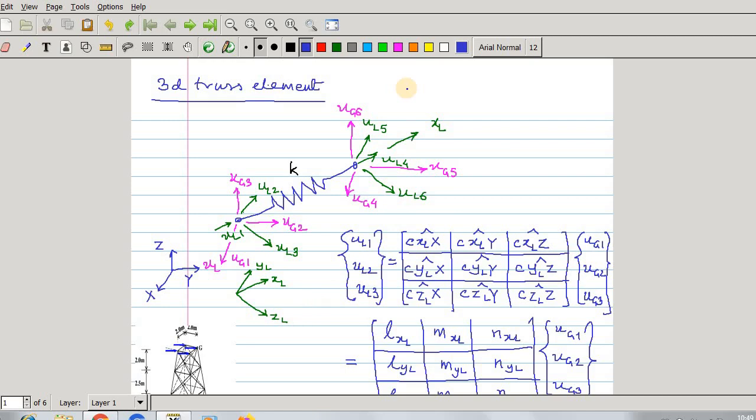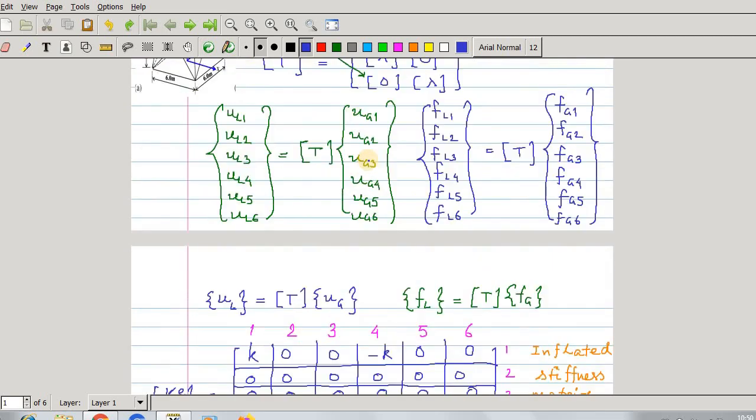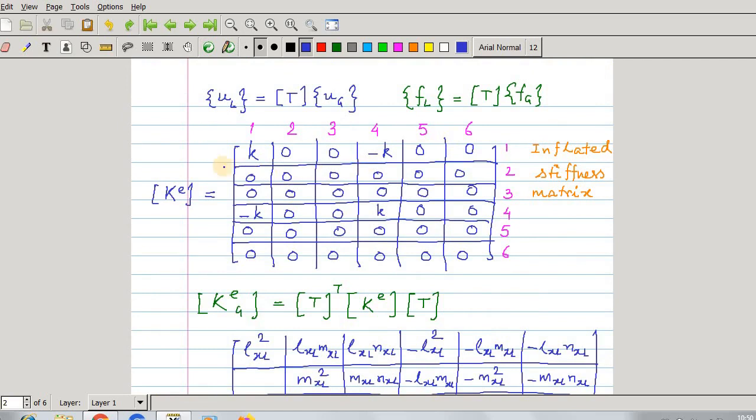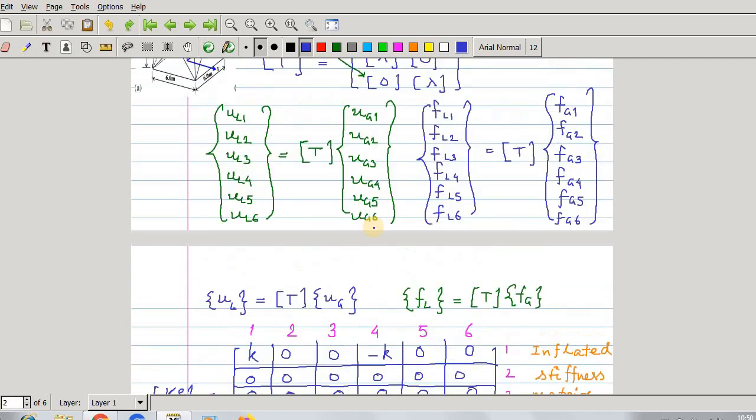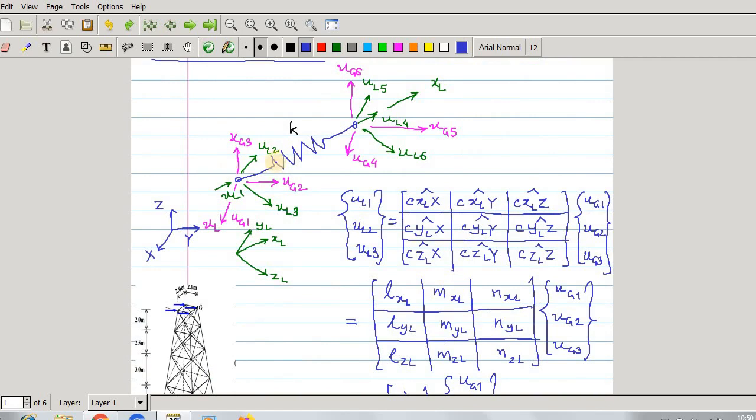So there are 6 degrees of freedom, but only if you displace it in the UL1 direction or UL4 direction will force FL1 or FL4 be generated. So you can inflate the stiffness matrix, and it will have non-zero elements at 1 1, 1 4, 4 1 and 4 4. What are the 1 and 4 degrees of freedom? They are the axial degrees of freedom, and we have already seen this process in the case of the 2D truss element.